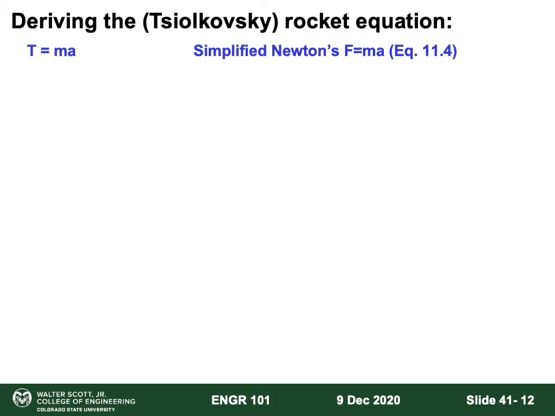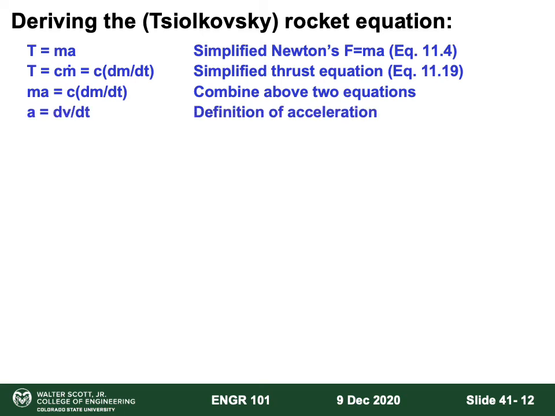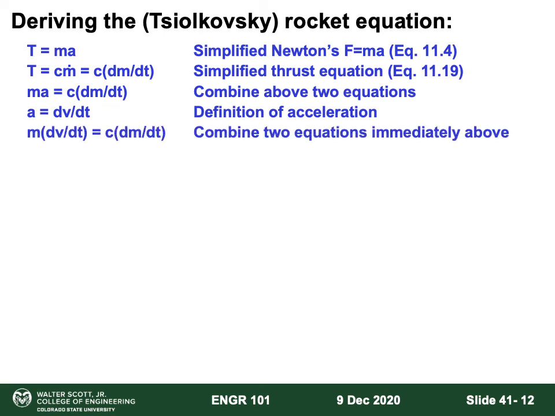So thrust equals mass times acceleration. The thrust is also defined as the exhaust velocity times the change in mass divided by change in time. And so we have two equations for thrust. We can combine those: mass times acceleration equals the exhaust velocity times the change in mass over change in time. Acceleration can be defined as the change in velocity over change in time. So we do that substitution.